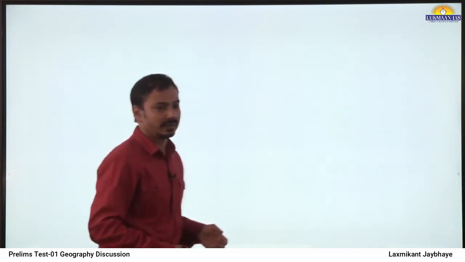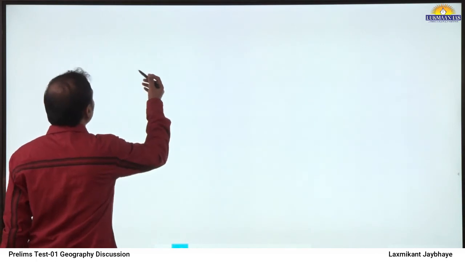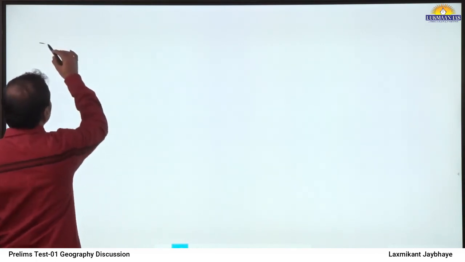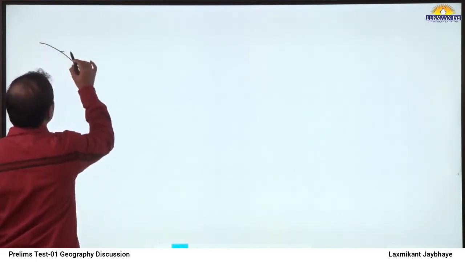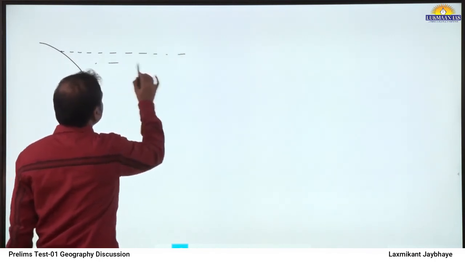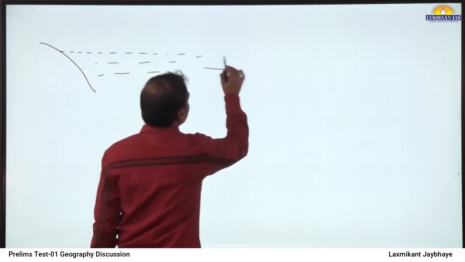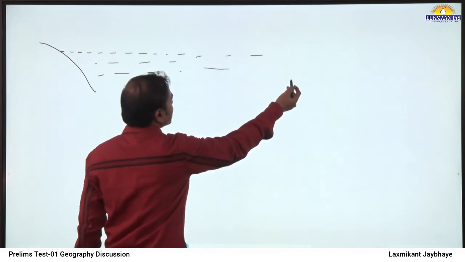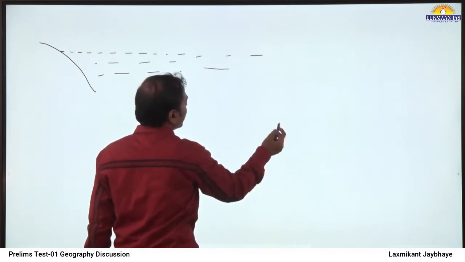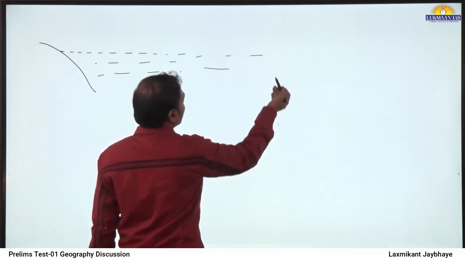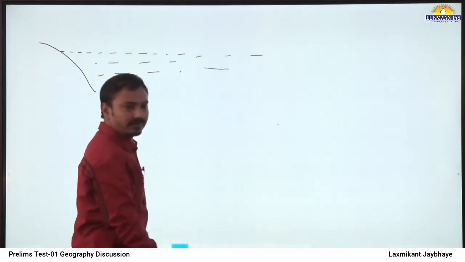These are the causes. Now tsunami waves deep inside, suppose this is continent, this is ocean on this side, and far deep inside, suppose an earthquake has happened here, epicenter, and the waves are generated here.